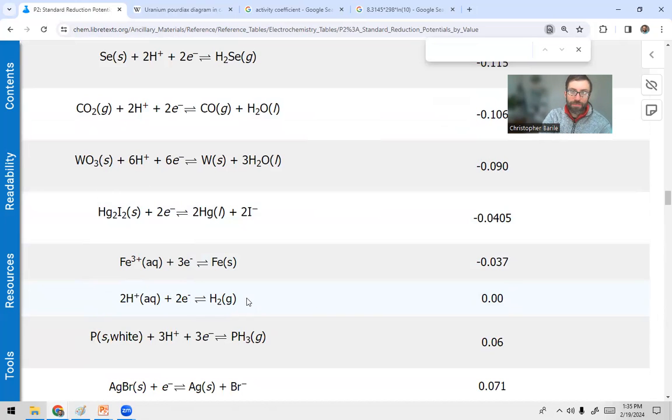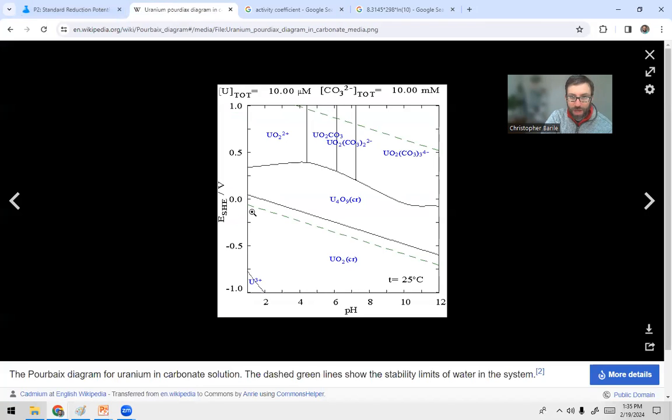So we must have a 59 millivolt per decade shift. Because it's in the reactants, it must get 59 millivolts per decade more negative at a higher pH. And you can see that's exactly what happens as we get down to pH 14. We have that minus 0.8 volt approximate limit here at pH 14.